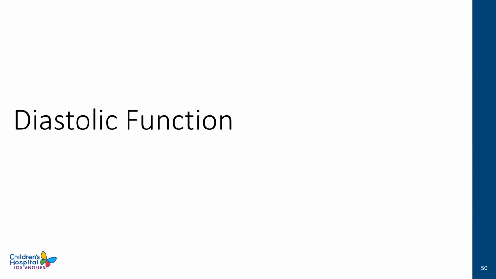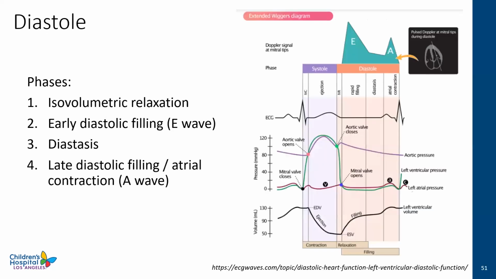And then the last part of my talk is diastolic function. And I would say that in cardiology, just by echo, this is very complex and there's a lot of different measurements we can use. So I don't know how practical it is in POCUS, and especially in pediatrics where it is right now.